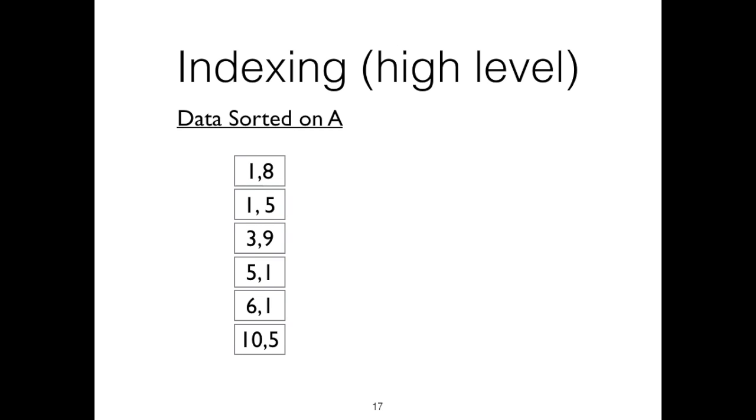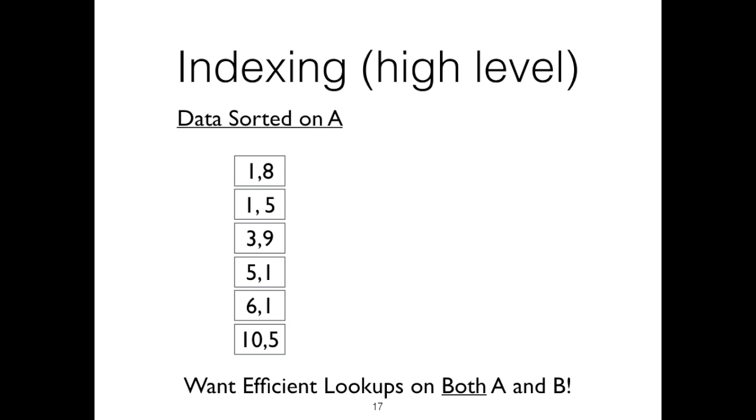And the reason that you might want to actually have these organized pointers as well as the basic data itself is that what if we want to be able to do efficient lookups on both A and B, both of the two attributes? Is there any way that we can take this data already sorted on A and make it efficient to do lookups on B as well?